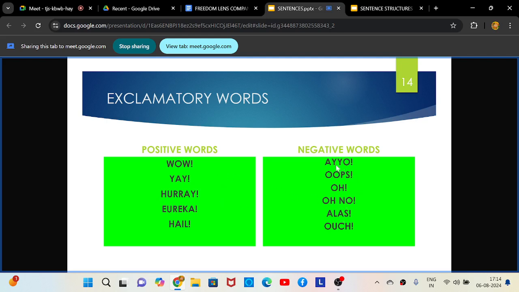Now you will have a doubt: ayyo is a Tamil word, right? So how does it come in English? Actually, ayyo is accepted by the Oxford Dictionary. Around 2014 or 2015, they accepted it as an English word. So ayyo is an English word now. Oops means, oh God, oops.